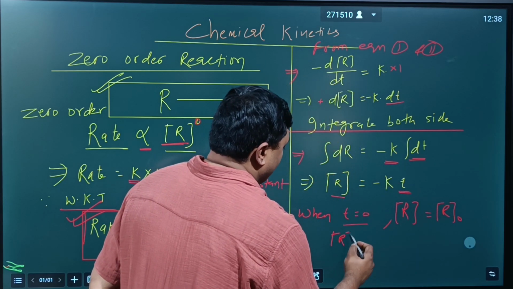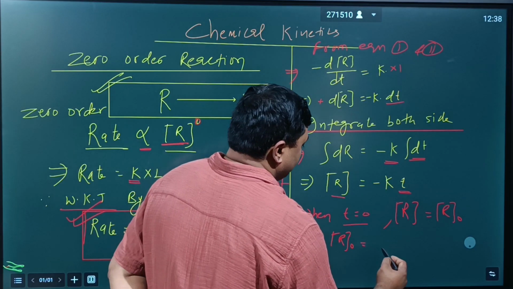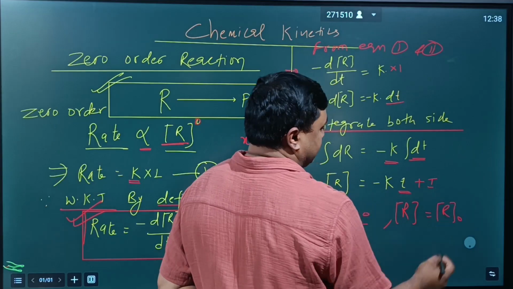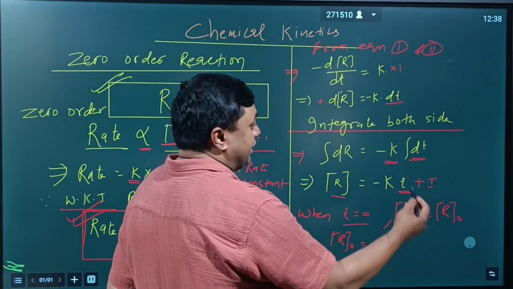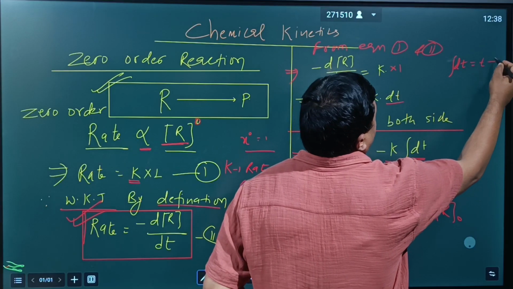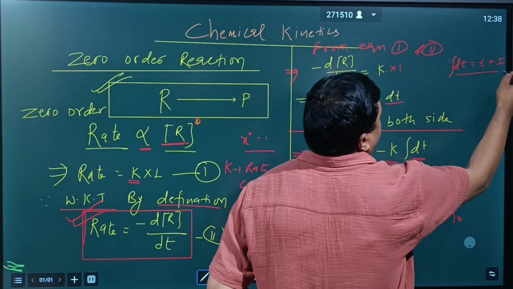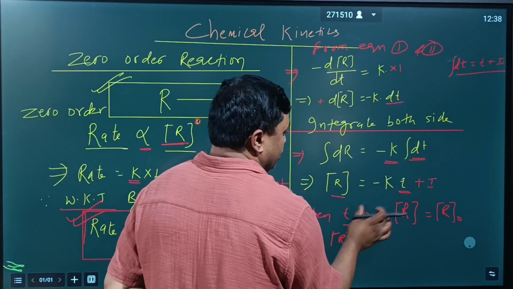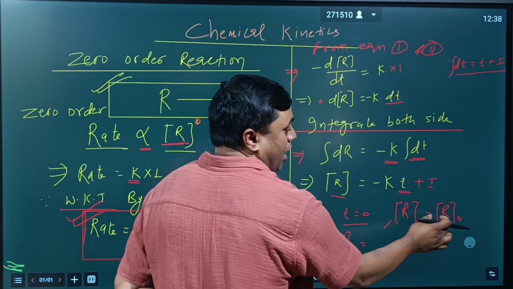Here one more thing is there, you have to add a constant of integration. Whenever you integrate, integration of dt is nothing but t plus constant of integration, I am writing I. So here I is also there.